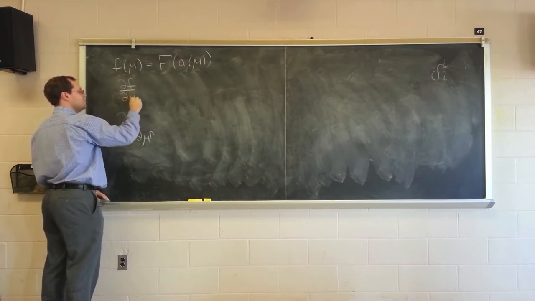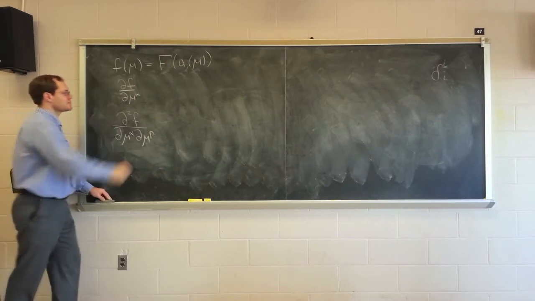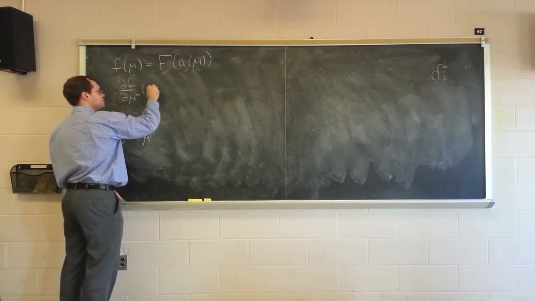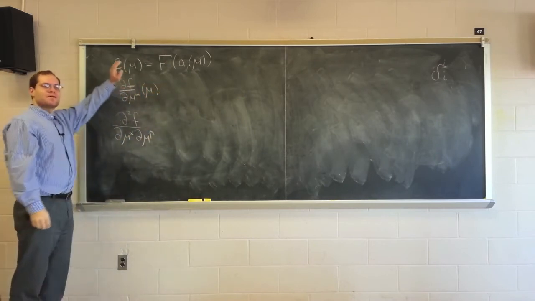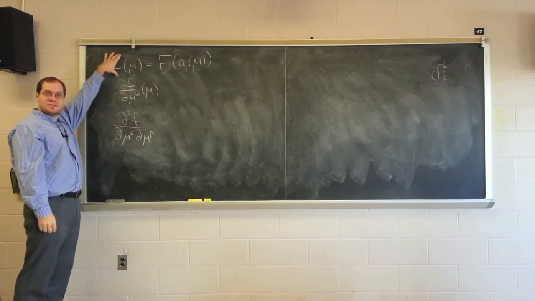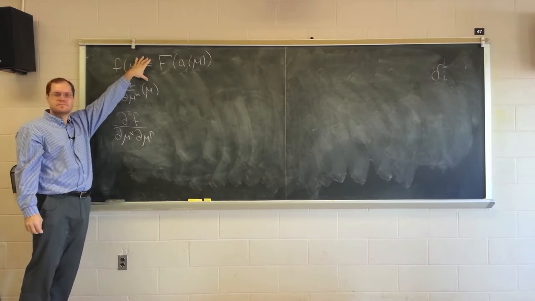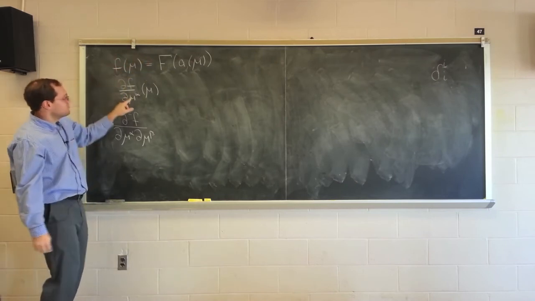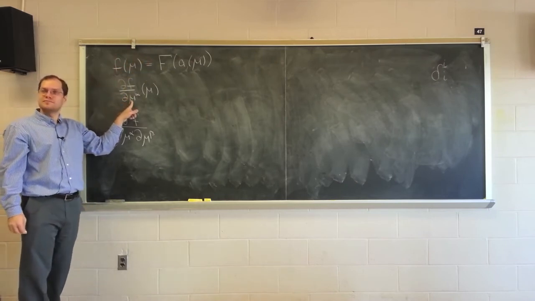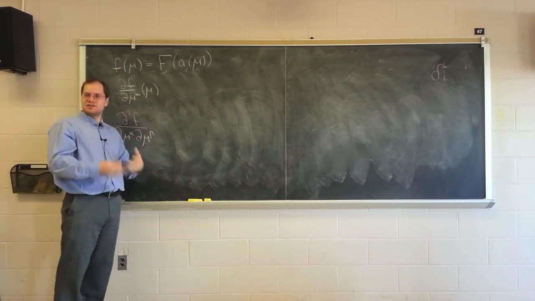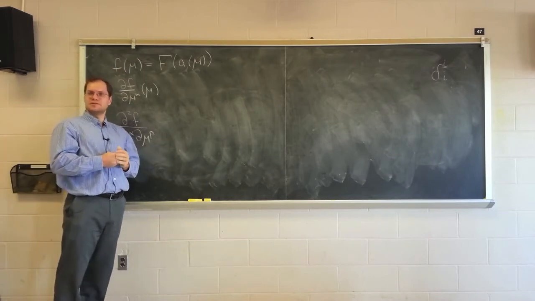d mu alpha is still a function of the mu's, right? Because when you start with a function of mu1 and mu2 and you take its derivative, let's say with respect to mu1, you get once again a function of mu1 and mu2. Do you agree with me?